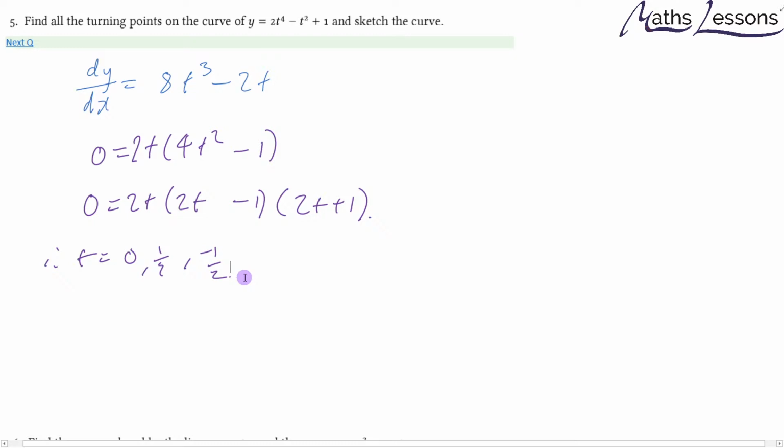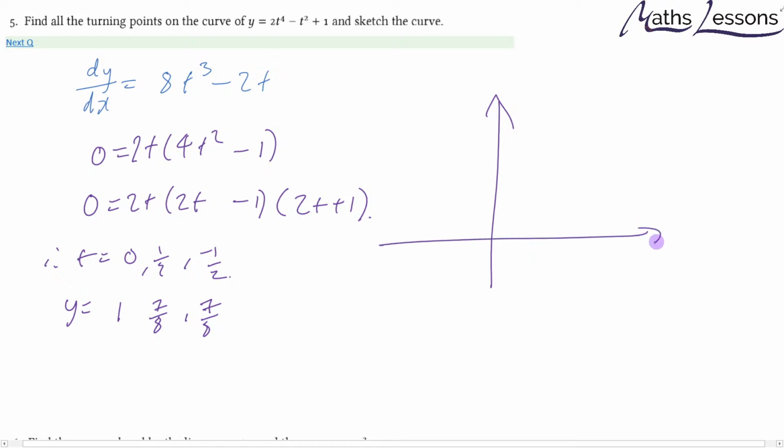So therefore, y will equal, when we put 0 in, we'll get 1 out. When we put half in, we'll get 7/8 out. And when we put minus a half in, we'll also get 7/8 out. So if we want to draw a quick sketch of our graph, we know it's a quartic, and it's symmetrical about t equals 0 because of where the turning points were.